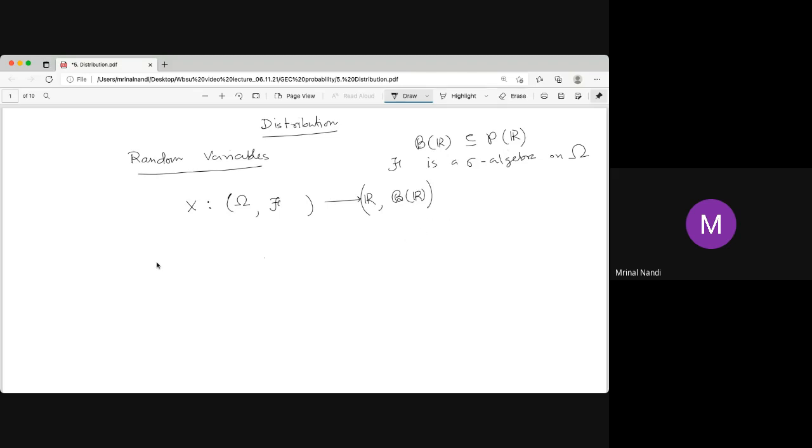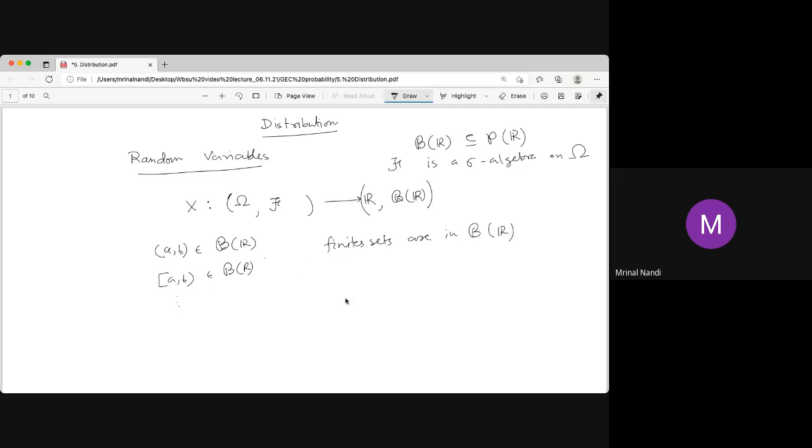All these intervals are in the Borel sigma algebra: all the closed, all the open, semi-open, semi-closed, and all finite sets are also in the Borel sigma algebra.